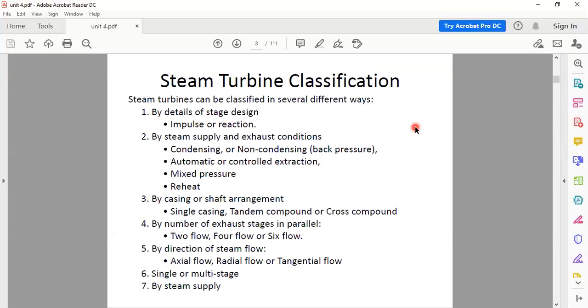By number of exhaust stages in parallel: 2 flow, 4 flow and 6 flow. By direction of steam flow: axial flow, radial flow, tangential flow, single or multi-stage. By steam supply.